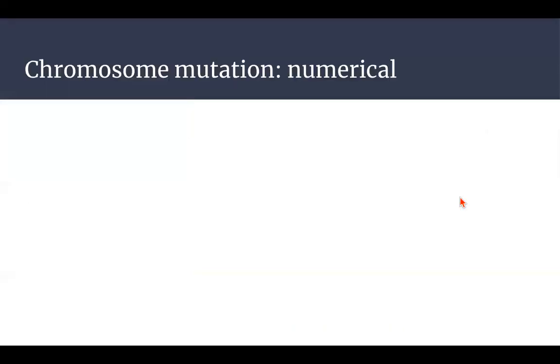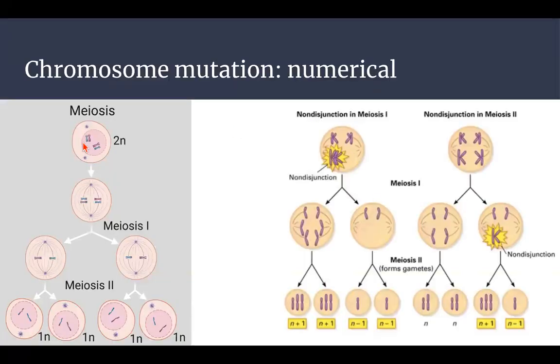Now, there are sometimes errors when it comes to producing these sperm and eggs. There's something called spindles, which is indicated by my cursor right here. Spindles are the fibers that pull apart the chromosomes and split them up into two different cells so that you can have your egg cells with half the number of chromosomes.